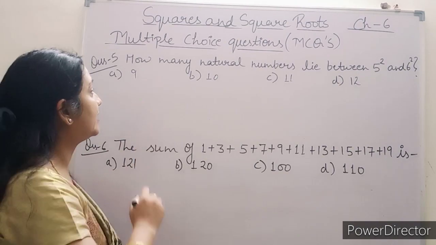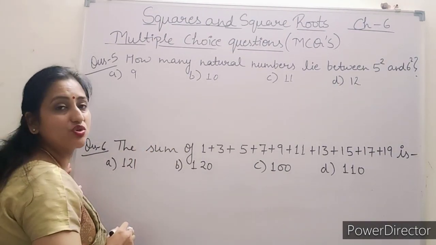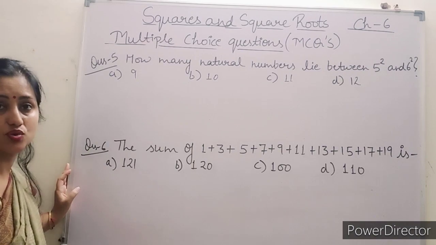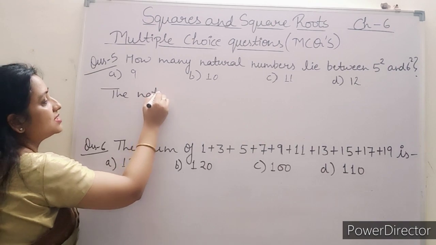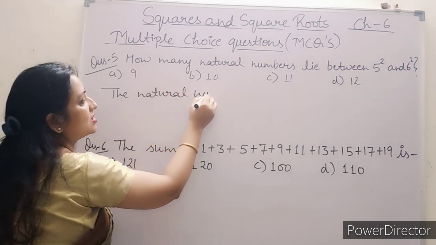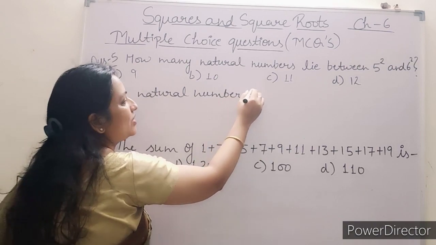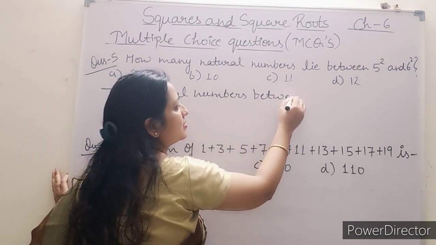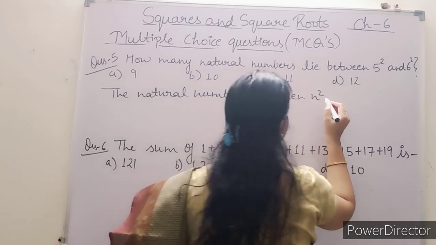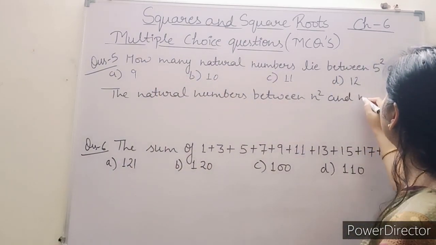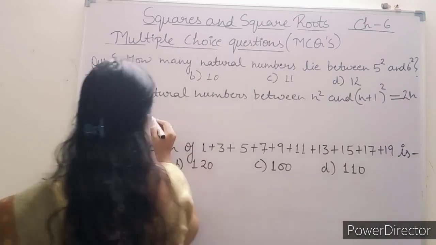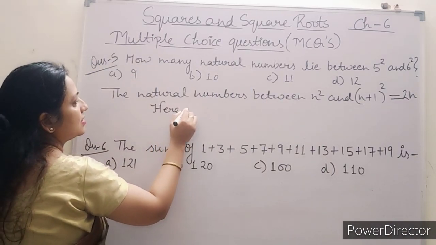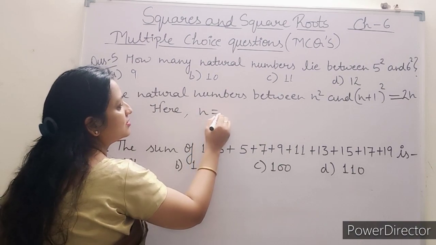In question number 5, how many natural numbers lie between 5 square and 6 square? We know that the natural numbers between n square and n plus 1 square are 2n.